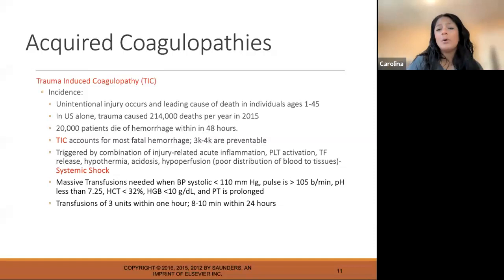So now we'll talk about some of the acquired bleeding deficiencies, and then we'll get into the inherited or congenital bleeding deficiencies. So one of the deficiencies in bleeding that is talked about is trauma-induced coagulopathy. It occurs because of unintentional injury, and it's one of the leading causes of death in individuals of ages 1 through 45.